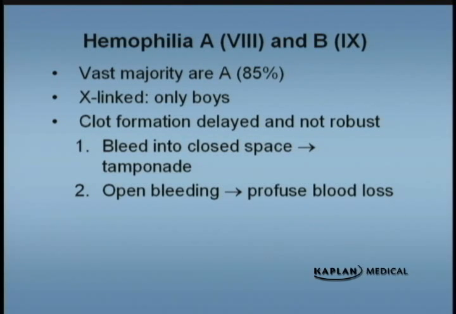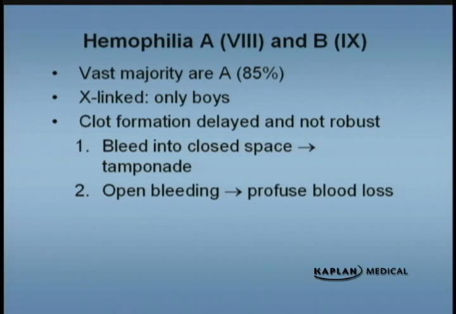The females will be the carriers, and you can trace this all the way back to Queen Victoria and blame her for this because she was the carrier, and then everybody else got it from her, and all the daughters that carried it and the males exhibit the disease. The clot formation is delayed with hemophilia A and also with B, and many times they will bleed into a closed space.